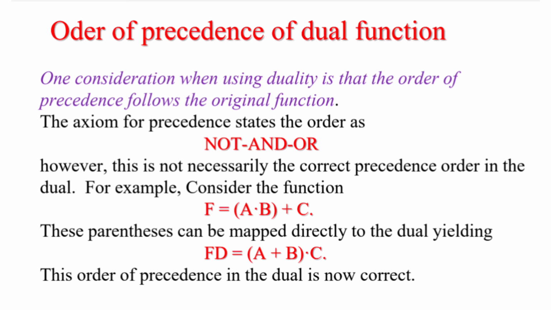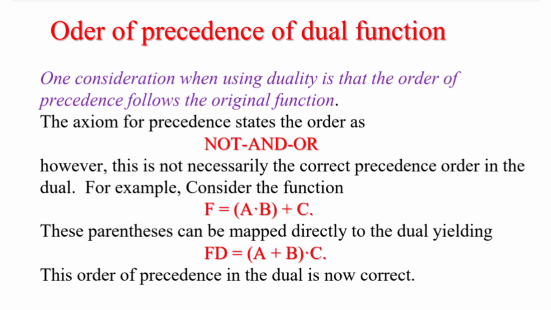One consideration when using duality is that the order of precedence follows the original function. The axiom for precedence states the order as NOT, AND, OR. That is, the NOT gate has the highest precedence, followed by the AND gate and the OR gate. However, this is not necessarily the correct precedence order in the dual. For example, consider the function f equal to ab plus c. So a AND b, plus or c.